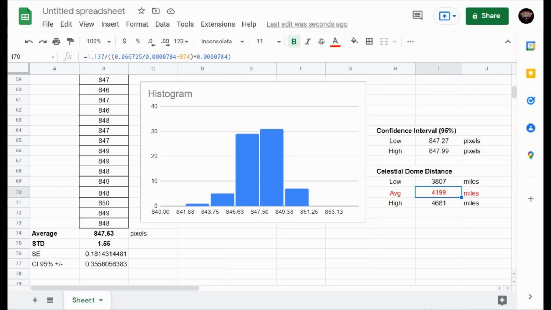The celestial dome distance is 4,200 miles away. Just incredible, folks. Within a 95% confidence, we can say that the distance is between 3,800 and 4,600 or so.